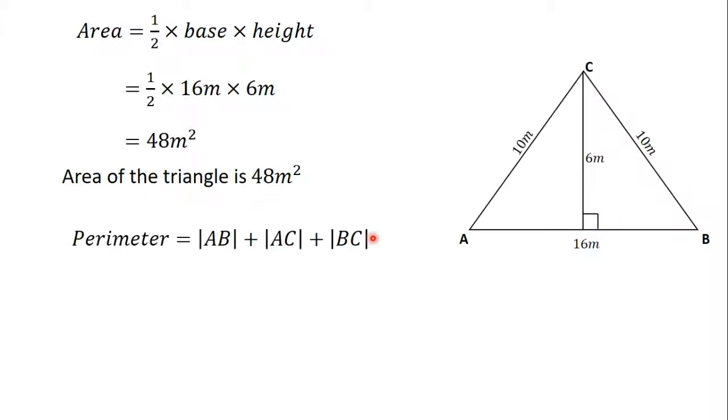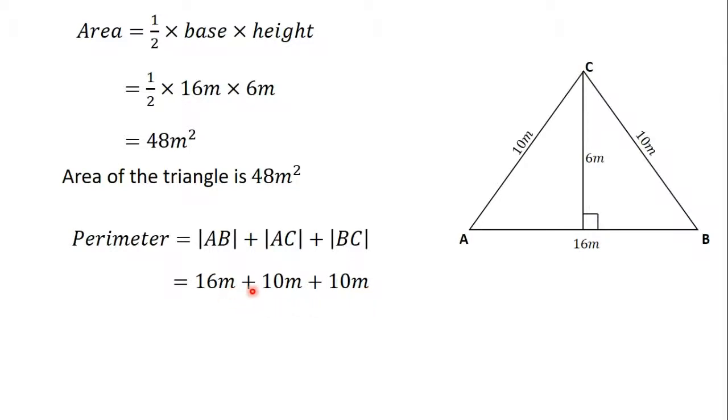We are also going to find the perimeter of the triangle. As we learned in the previous video, the perimeter of the triangle is the total distance around the triangle. So that is AB plus AC plus BC. AB is 16 meters, AC is 10 meters, and BC is 10 meters.